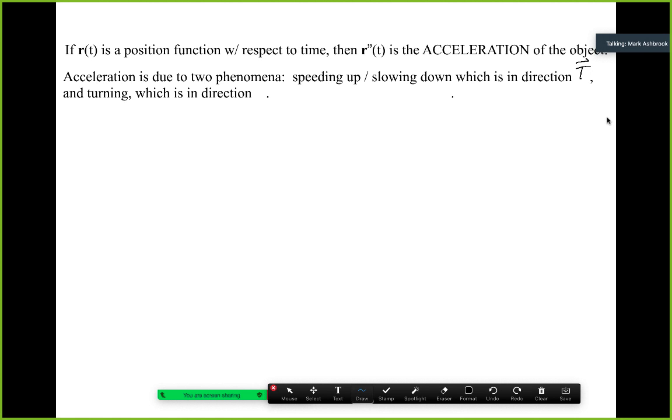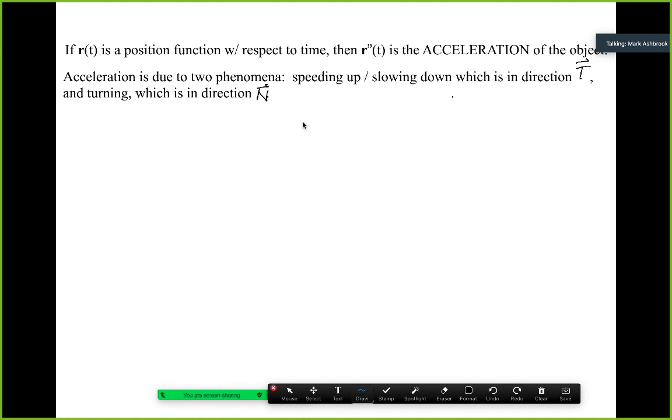Okay? And then there's also acceleration due to turning. I just showed you that when something turns, even if it's not speeding up or slowing down, if it's turning, it's accelerating. What direction is that? N, right?